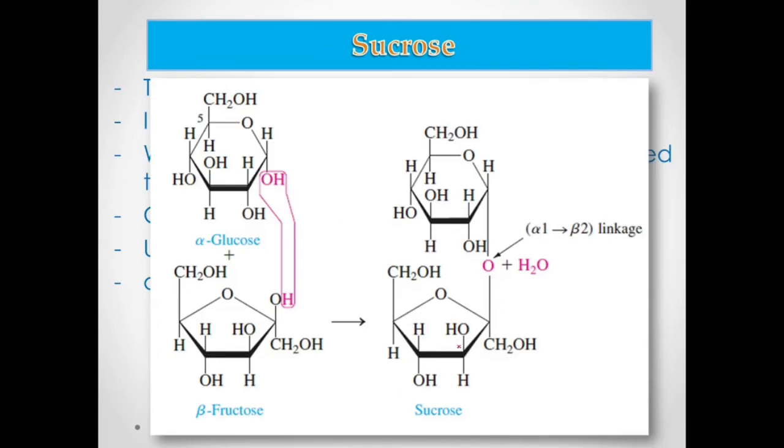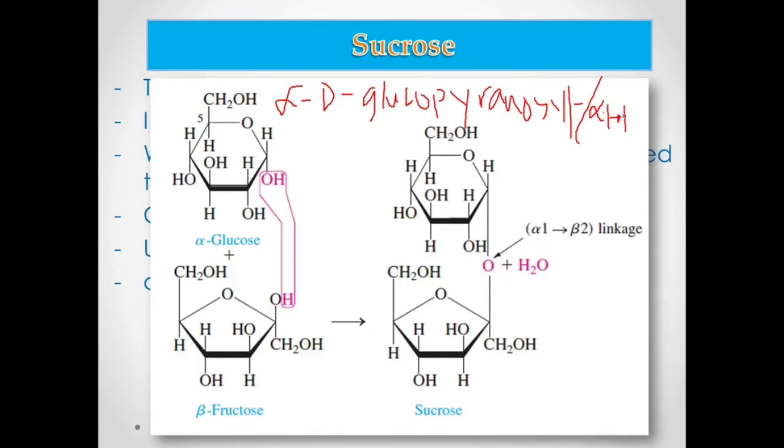So the systematic name of sucrose: you have alpha D glucopyranosyl, then you indicate the linkage, alpha 1 to beta 2, then you have beta D fructofuranoside. It becomes fructofuranoside because remember it is only a 5-membered ring.